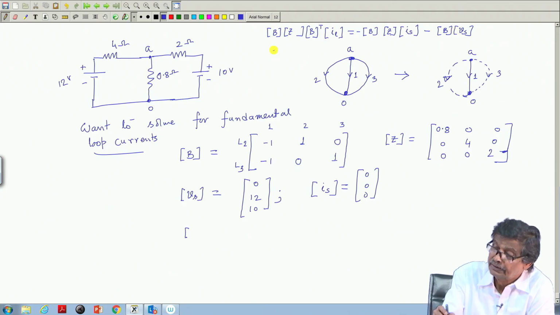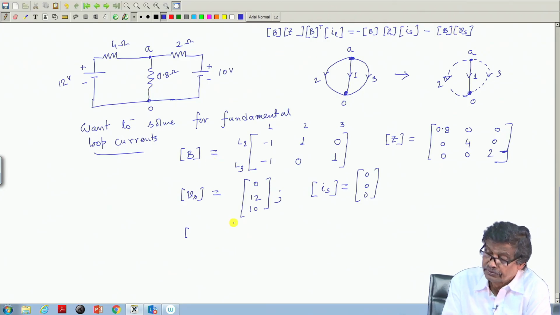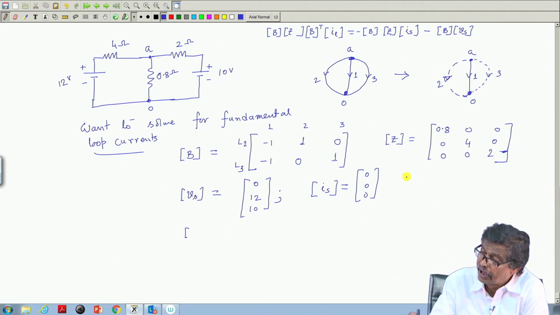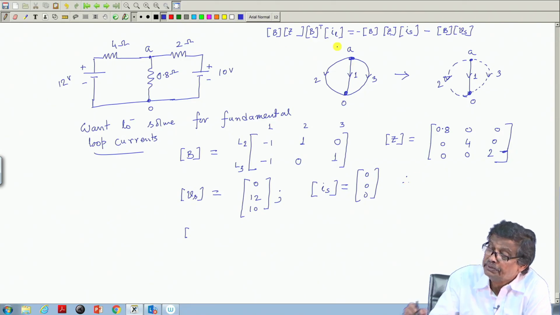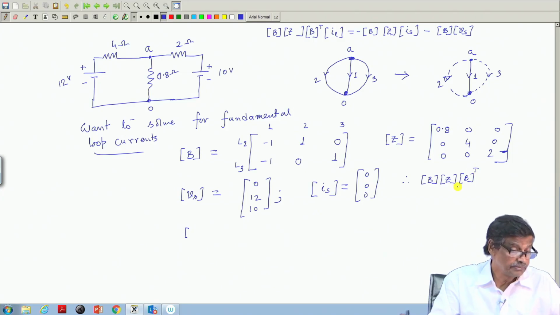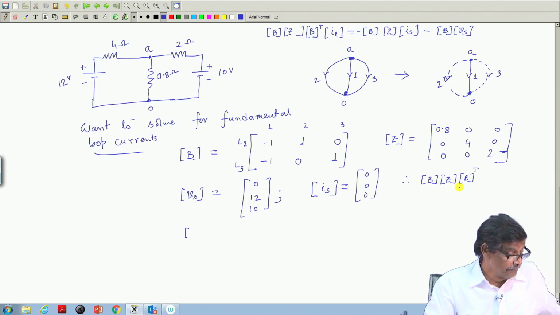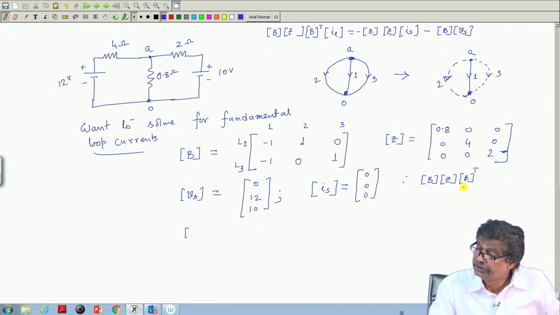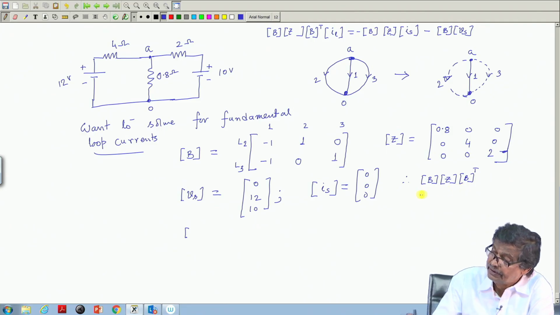Now, this B is known, Z is known, therefore I will be able to calculate B Z B transpose. You have calculated that. Let me write down a bit about this matrix. B is already there.